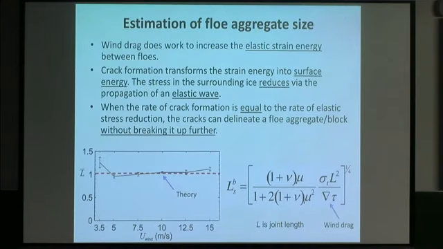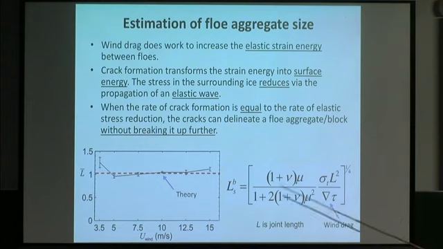And so how big are the blocks? Well, wind drag puts elastic strain energy into the thin ice between the elements, and we can calculate the size of the floe aggregates that form by equating the rate at which elastic energy is dissipated when a crack forms to the rate at which crack formation happens.